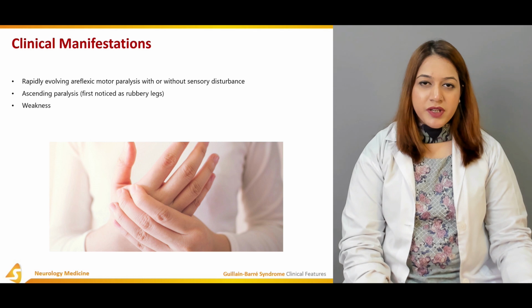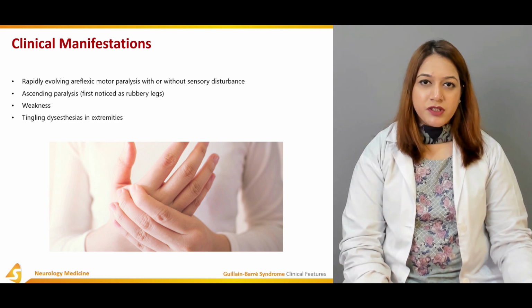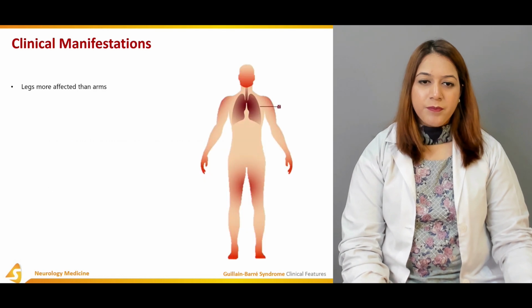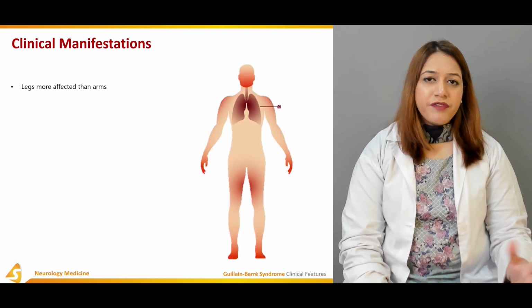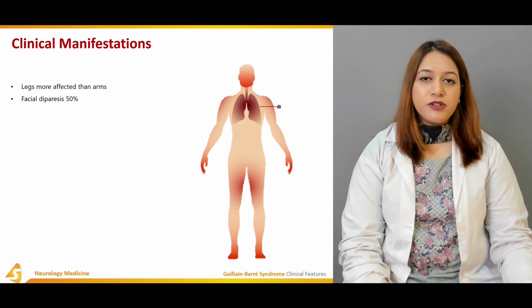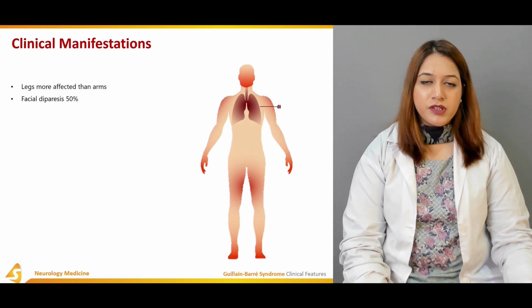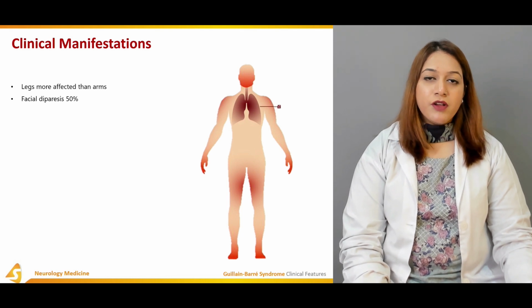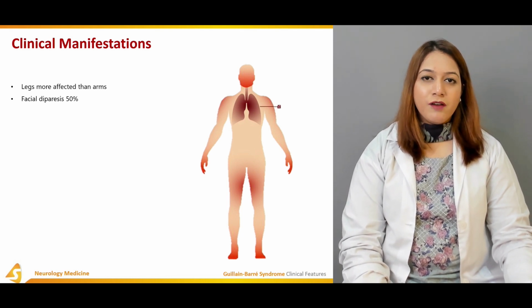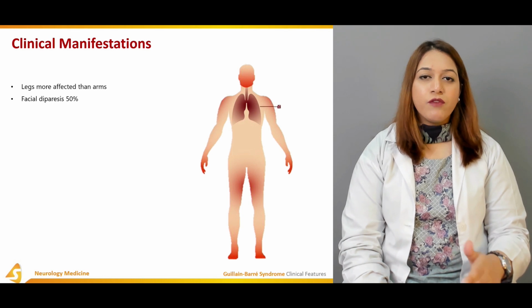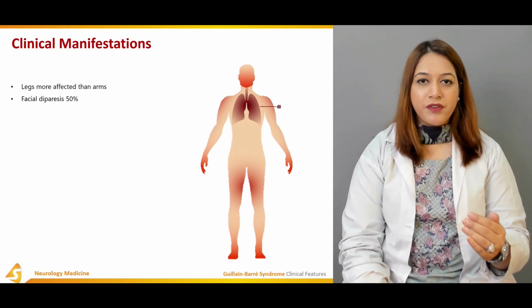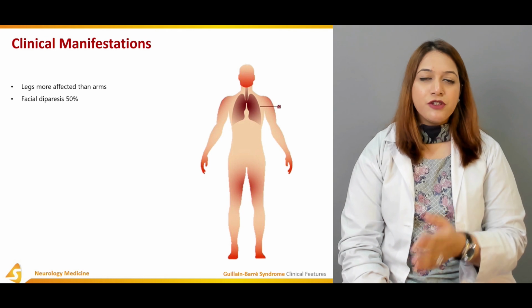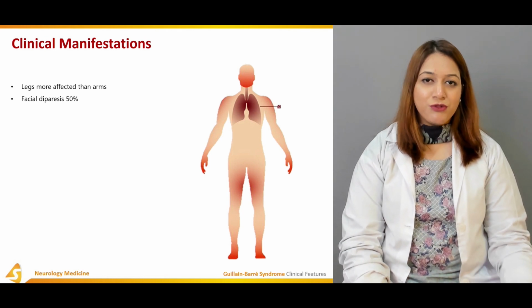There is muscle weakness and tingling dysesthesias in the extremities. The legs are more affected than arms, and the patient might experience facial diparesis in 50% of the cases. What does that mean? The patient will have a paralysis or paresis of the lower half of one side of the face, and it is mainly due to the involvement of upper motor neurons.